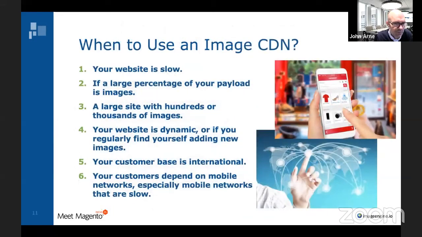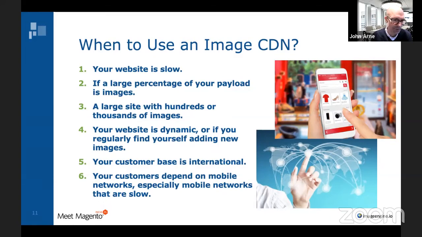So, when do you know when to use an image CDN? Your website might be slow, and you have a large number of images, and you publish images on a regular basis, so you need some sort of automation.